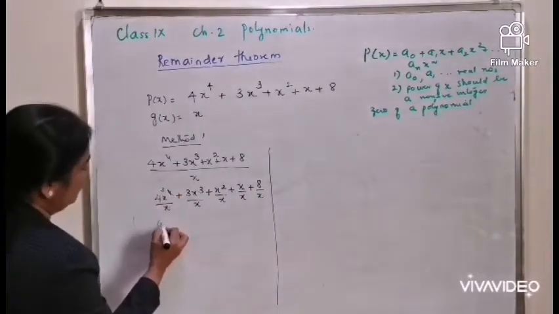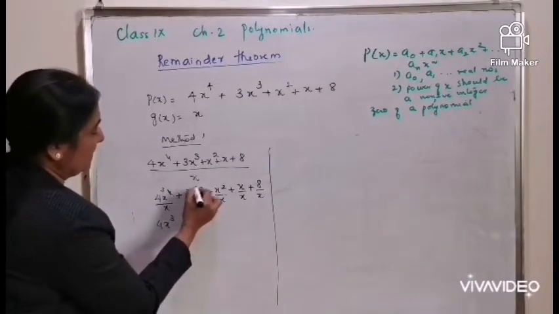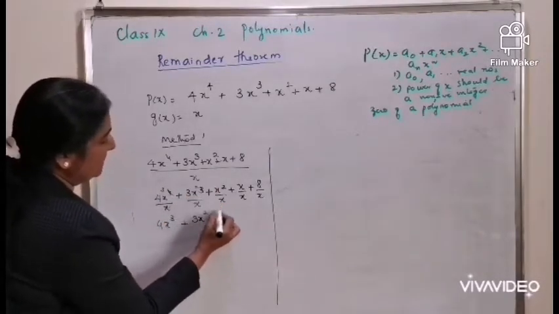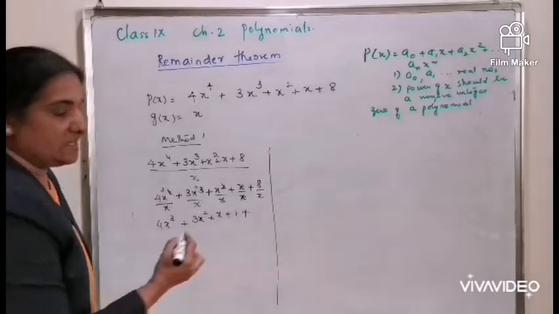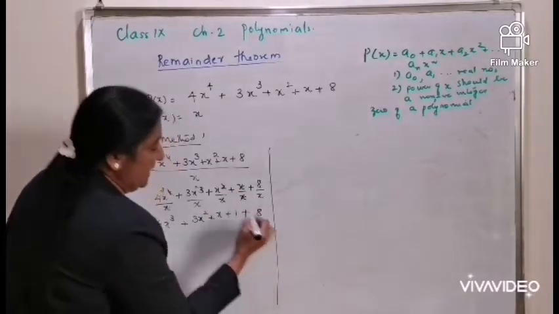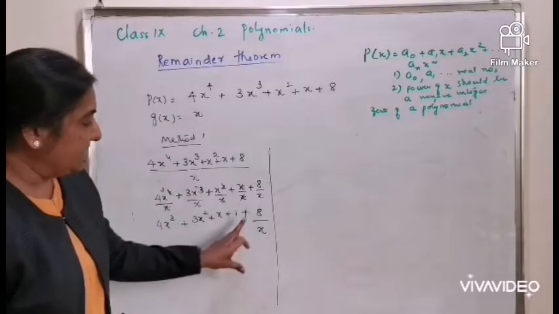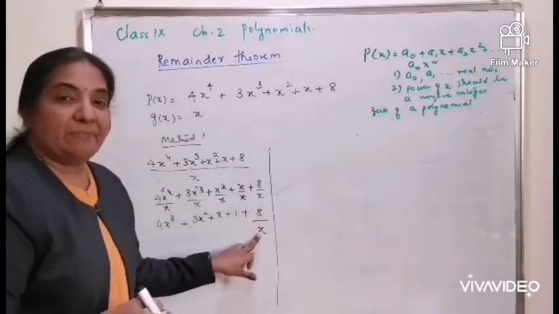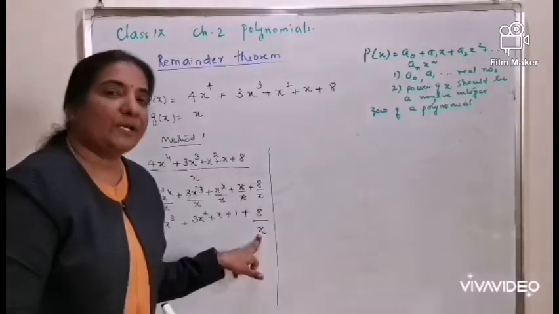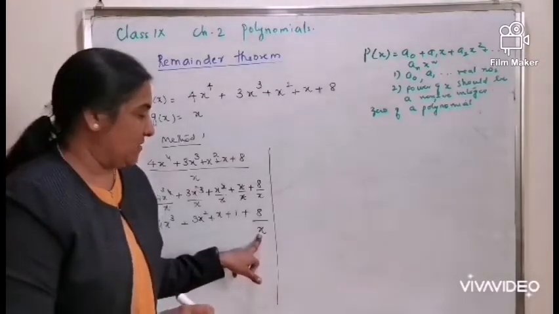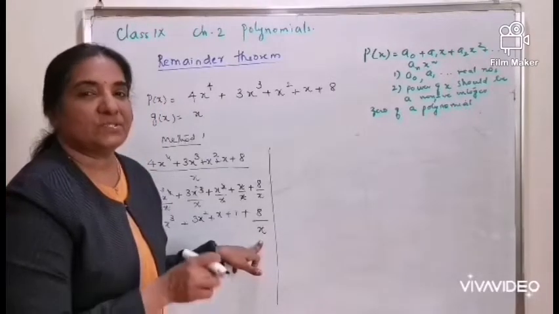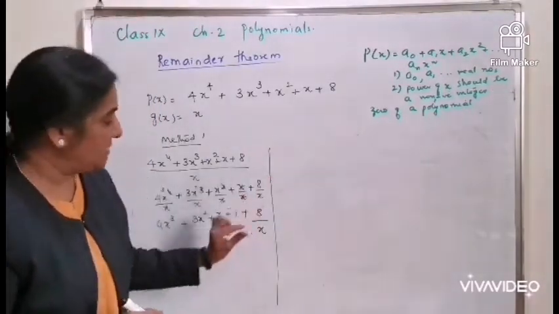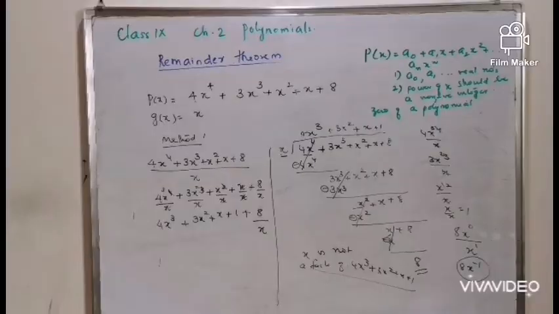You get 4x cube plus 3x square plus x plus 1 plus 8 by x. Can you consider the term 8 by x as belonging to the set of polynomials? No, because 8 by x is 8x to the power of minus 1. Let's see what is happening to that term.